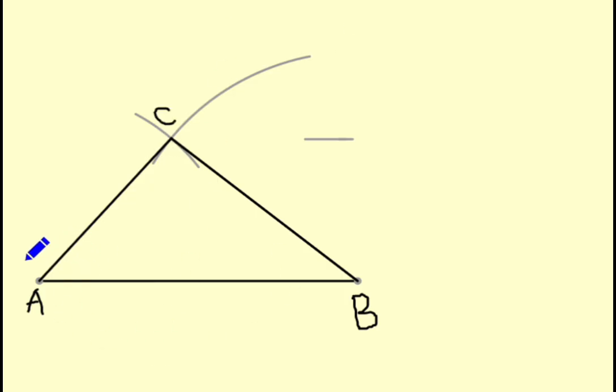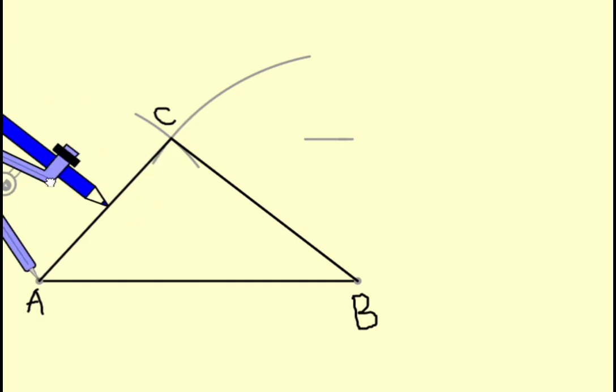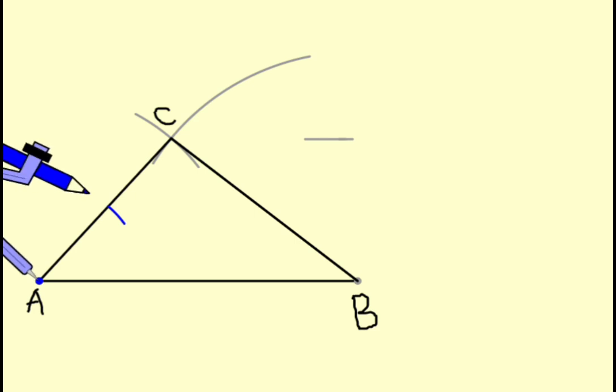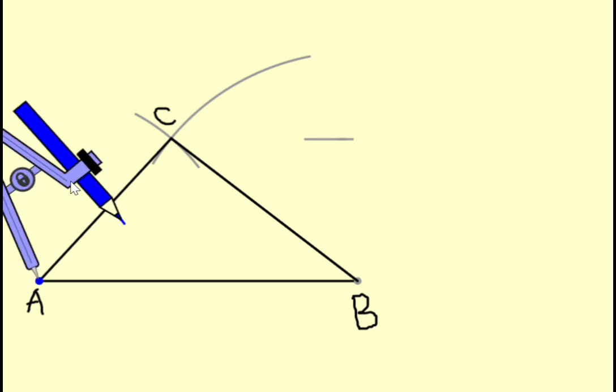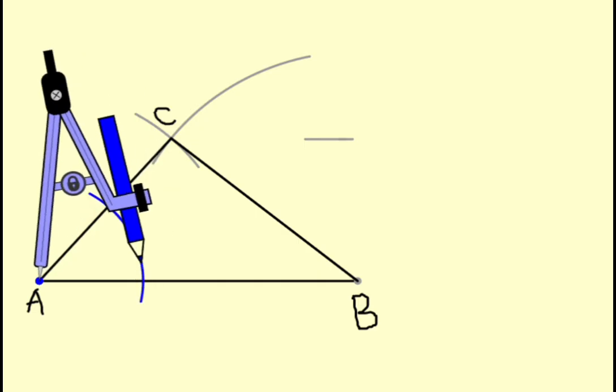So to make an incircle, you bisect any two of the angles. It can be angle A, B, or C. Therefore, I'm going to bisect angle A. So standing at A, I make 2 arcs on the lines: an arc at AC and another arc at AB. Then I open my compass.